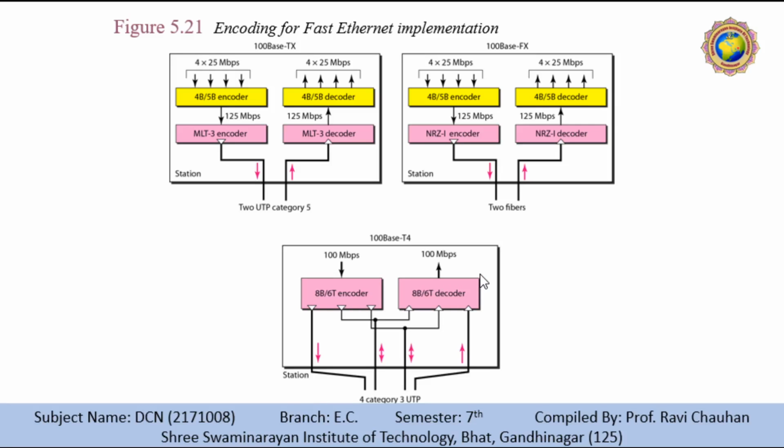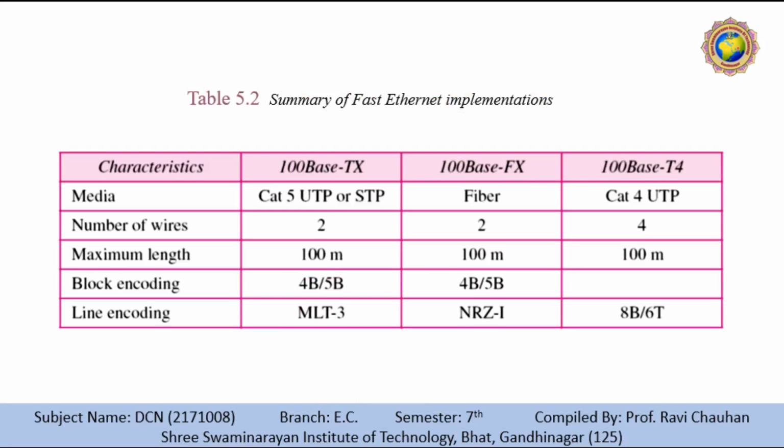So let's summarize our fast Ethernet in a table. You can see the characteristics column: 100 base TX, 100 base FX and 100 base T4. Sorry, it was my mistake earlier. It is 100 base TX, 100 base FX and 100 base T4. So what media is used? Category 5 UTP or STP, over here a fiber cable, and over here category 4 UTP is used. How many wires in each implementation? The first two are 2 wire and the last has 4 wires.